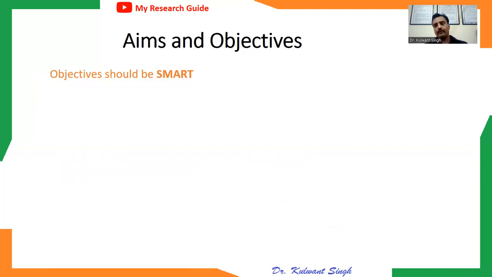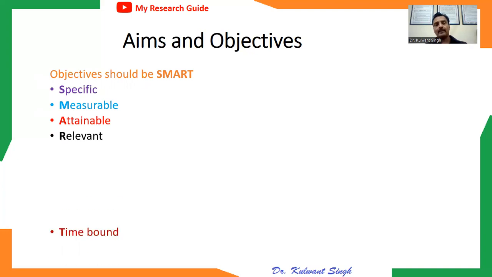Then the objective. For the objective, we should use this particular word, that is SMART. It means our objective should be SMART. So S stands for specific, M measurable, A attainable, R relevant, and T time bound.